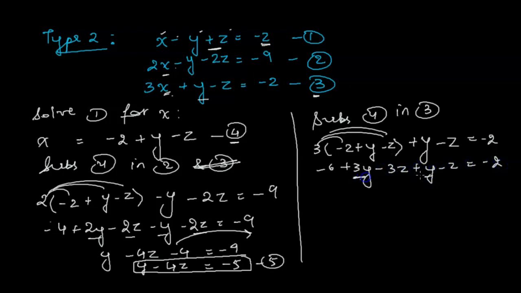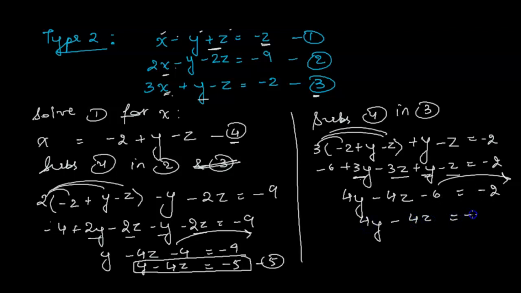When we collect the like terms, 3y plus y gives us 4y. Minus 3z minus z gives us -4z. And this -6 is equal to -2. When we move this over, we get 4y minus 4z equal to -2 plus 6, which is +4. We can divide all three by 4, such that we have y minus z is 1. Let's call this equation number 6.